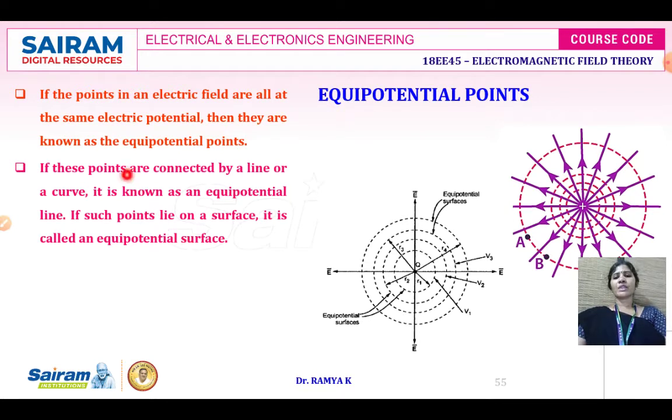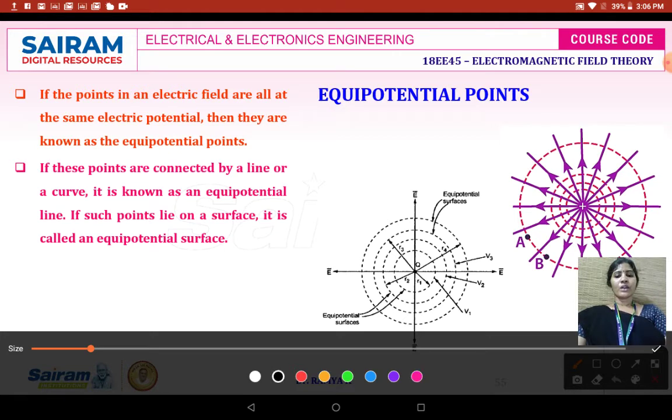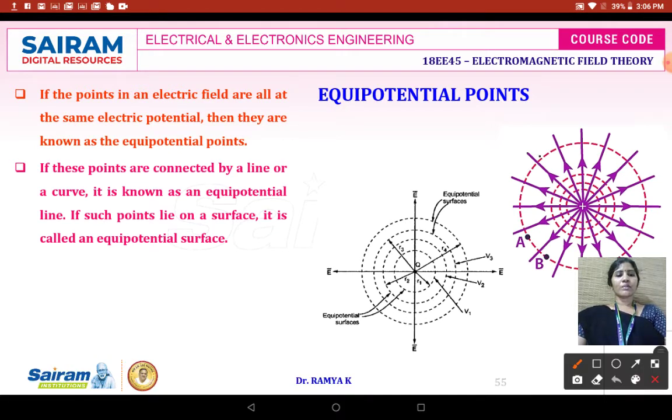When these points are connected by a line or a curve, it is known as an equipotential line. For example, here we assume a point, and here I am going to assume another point. When I measure the potential between these two points, if the potential is the same, then that is called an equipotential point.